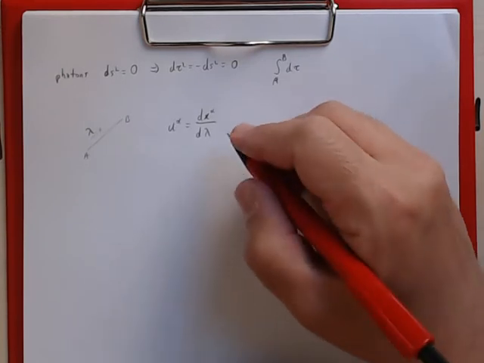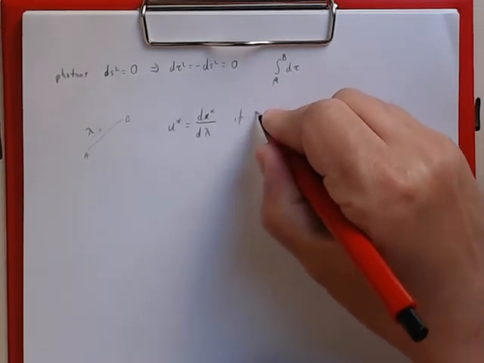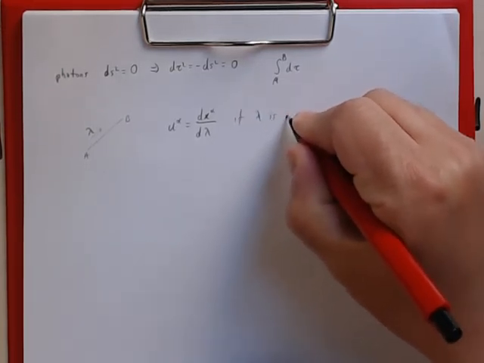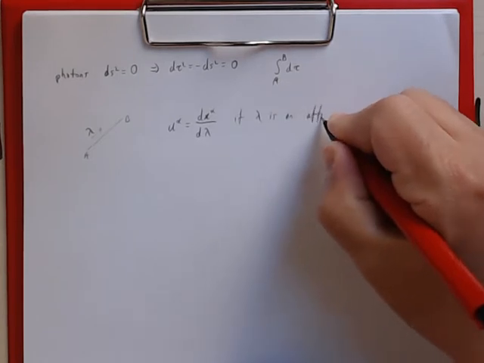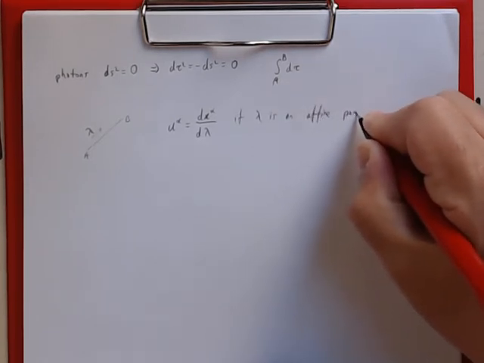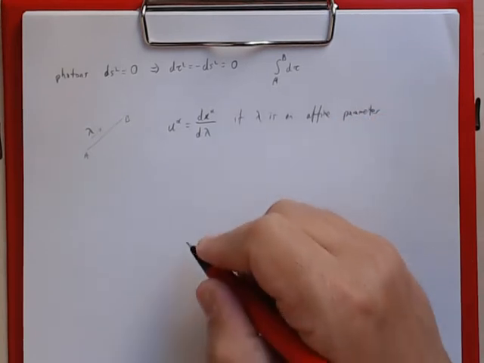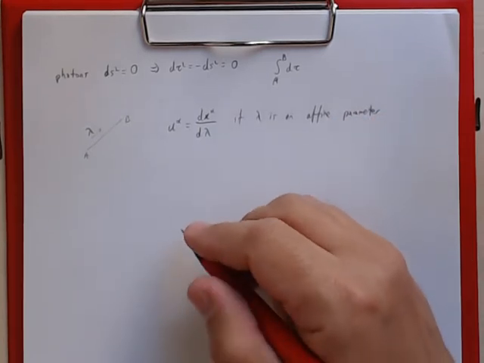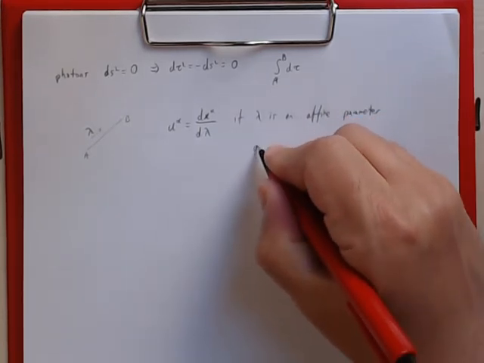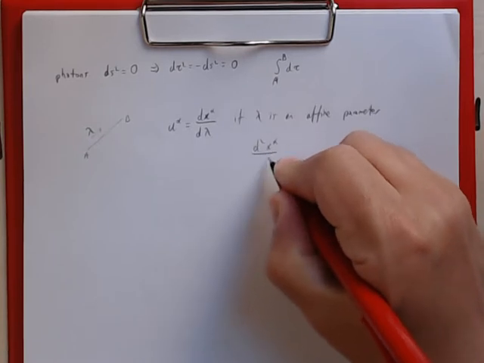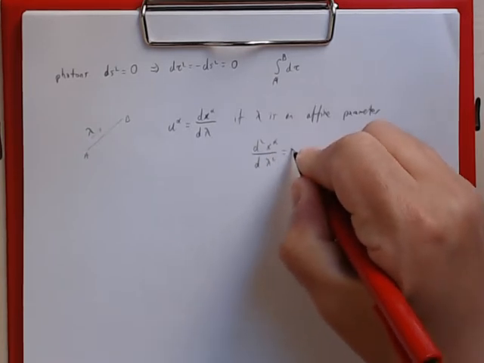If this lambda is an affine parameter, remember we defined affine parameters as having a certain property, and that property is that d squared x alpha by d lambda squared is equal to 0.